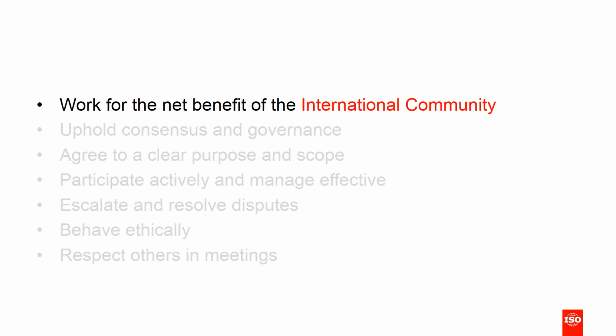So we work for the benefit of that international community over and above the interest of any individual or organization. We are committed to advancing these standards within the agreed scope, and we will not hinder their development simply for the sake of personal interest or one single organization's interest.